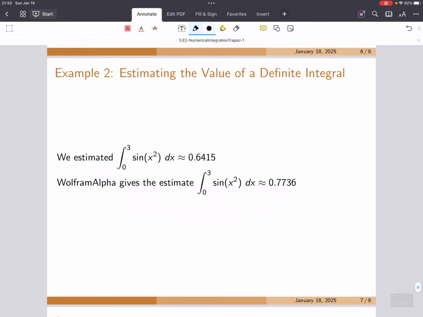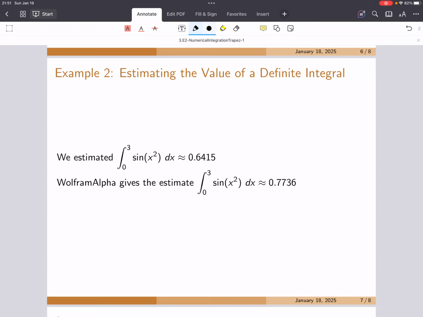And if we use Wolfram Alpha to give us a better estimate, Wolfram Alpha says that this integral is approximately equal to 0.7736. We have 0.6415, which you may think is quite far away, but actually we've only used 6 intervals, which isn't very many. If you have a computer at your disposal, you can very easily calculate the estimate of this integral using way more subintervals, using a higher value of n.